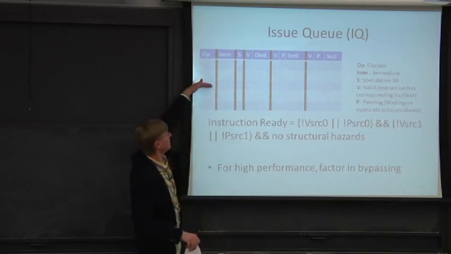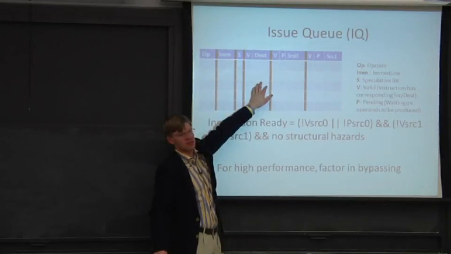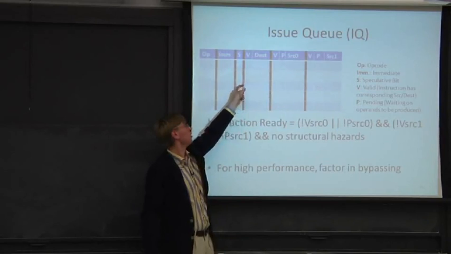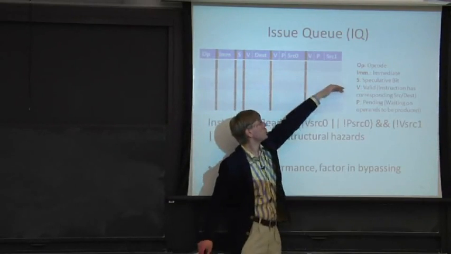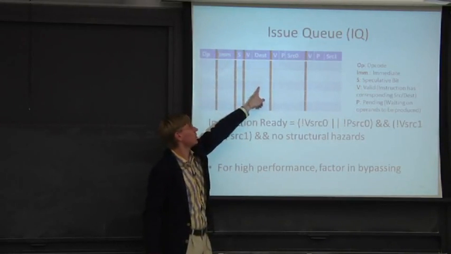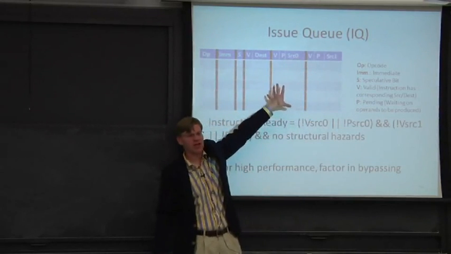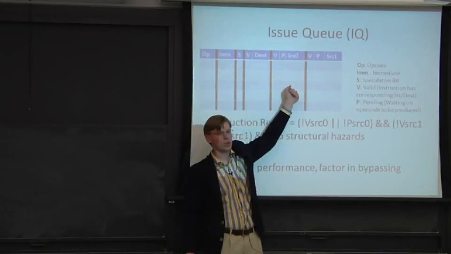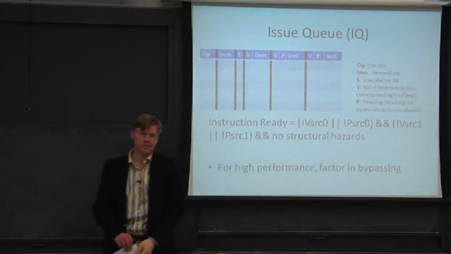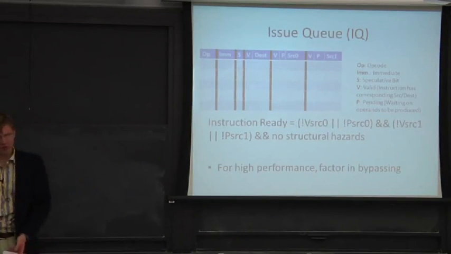So if there's an instruction sitting here which has the valid bit set, and it's writing to register 5 as the destination, when that instruction commits, we're going to clear it out of the issue queue, and we're going to say, oh, it wrote register 5. Let's scan through all these other places and look for places that say register 5. And if they say register 5, we are going to flip the pending bit from pending to not pending anymore. And we're going to remove the instruction from the issue queue.